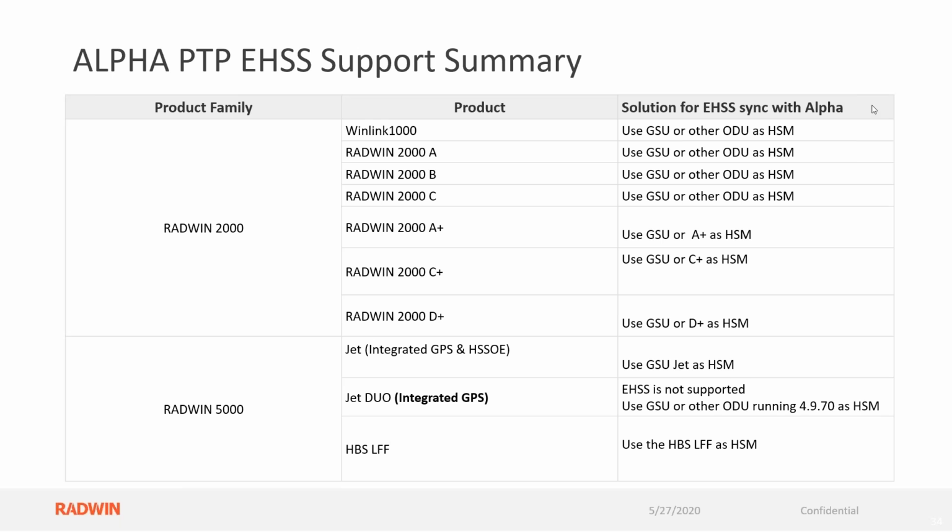I'm not going to follow each step, but the idea is you can have either a GSU for inter, or you need a master clock to provide the clock to the Alpha, because the Alpha currently cannot be the master clock, and this is a limitation. When it cannot be the master, you need to inherit the clock from either a GSU for inter and intra synchronization, or another device needs to be the master clock to provide the clock to the Alpha, which is a slave.